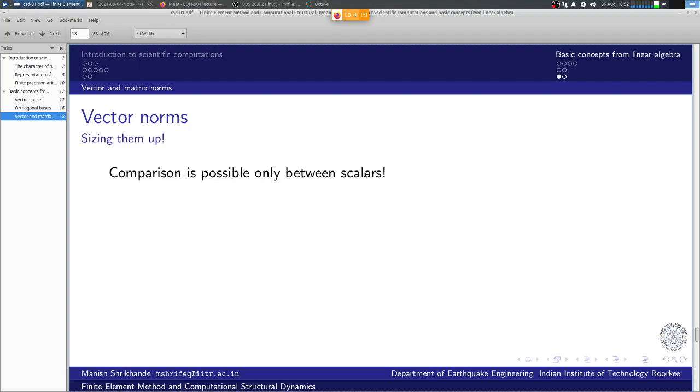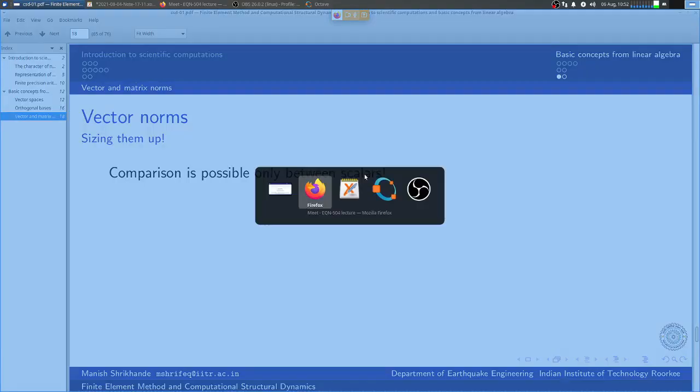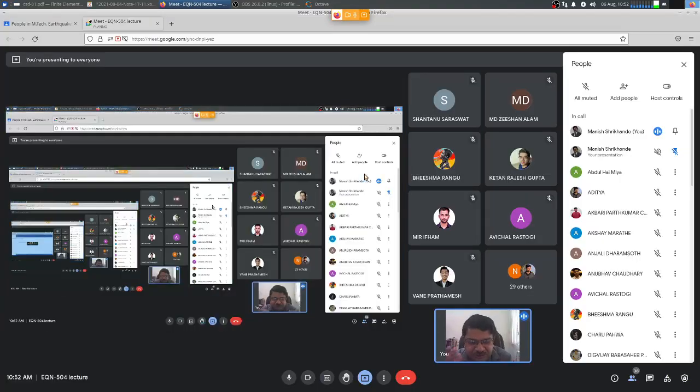You can only compare scalars to other scalars. You can only compare between two persons whether someone is taller or shorter, so that is a length measure, or someone weighs more or less, so that's a measure of mass. So the idea is you can only compare between two numbers.